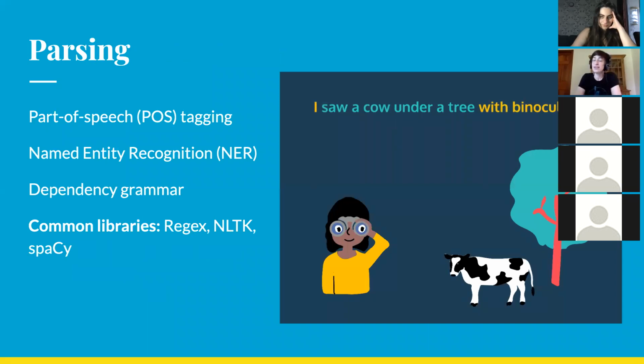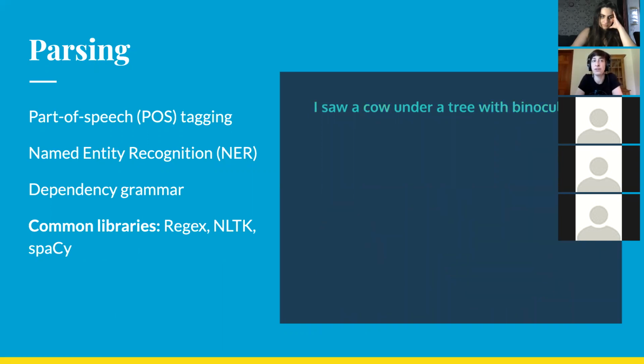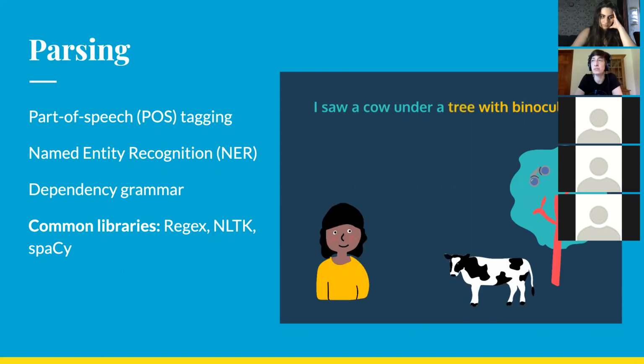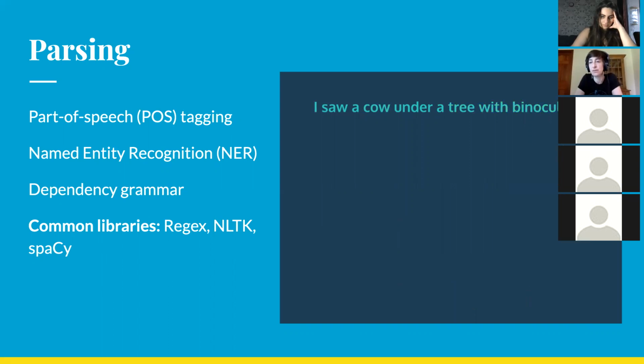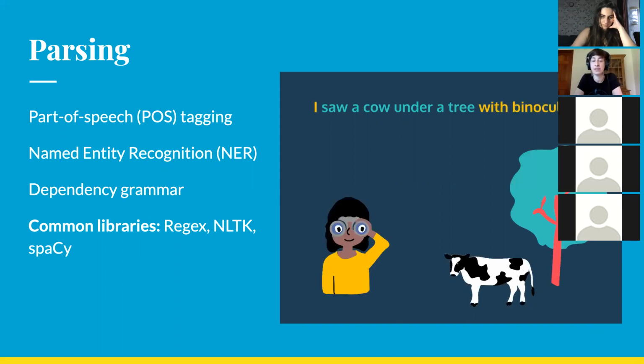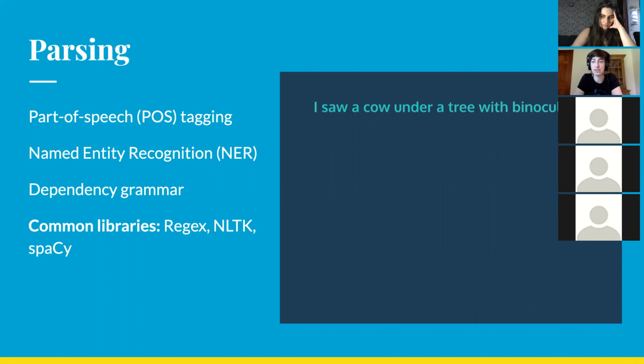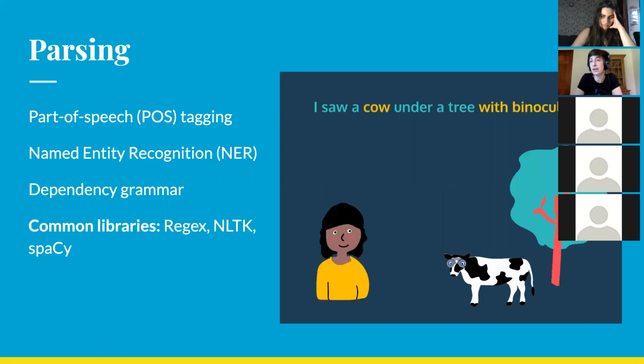Okay, so parsing is another task that you might do within NLP. One of the reasons that you might be parsing is to find something specific. I like to think of parsing as a little bit like detective work, where you're hunting down something specific, but you don't know quite what it looks like.